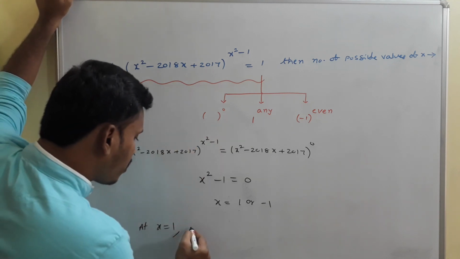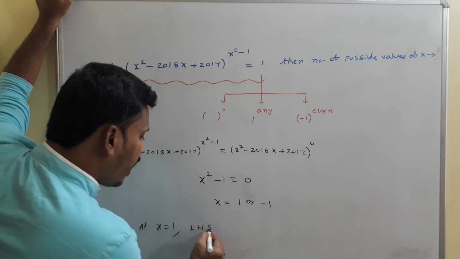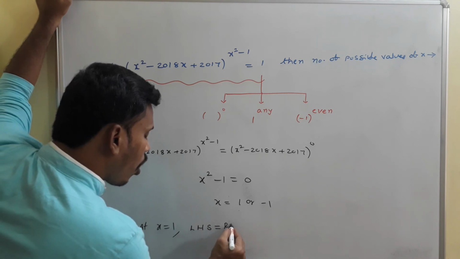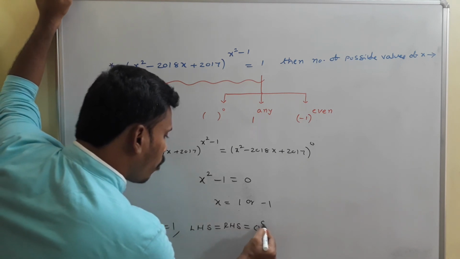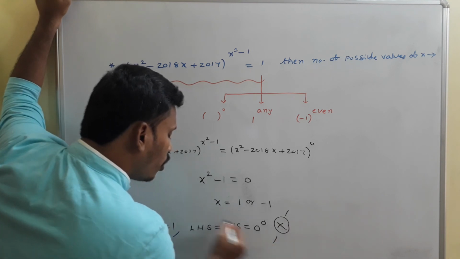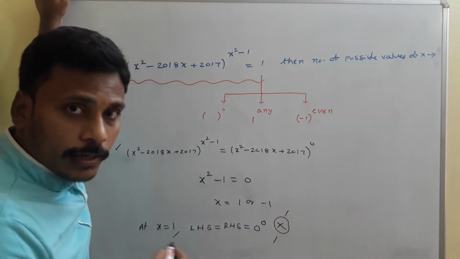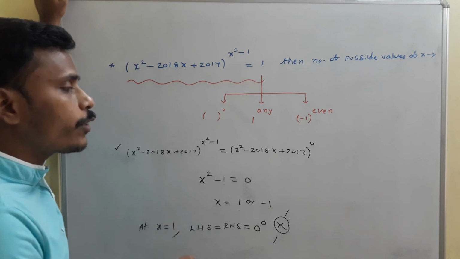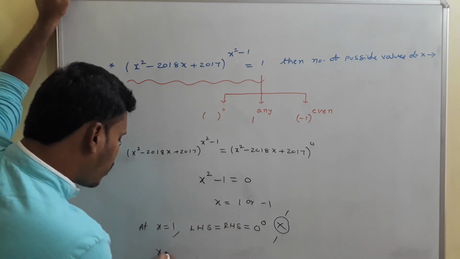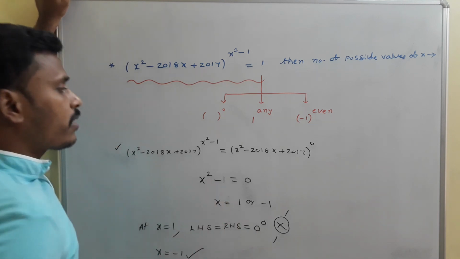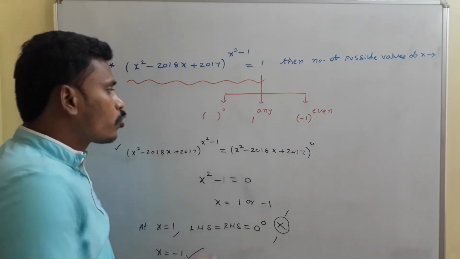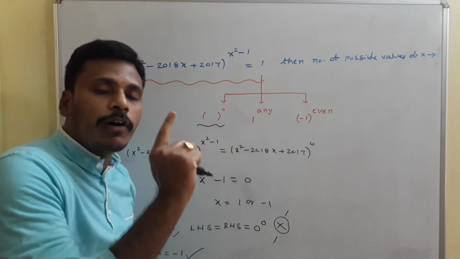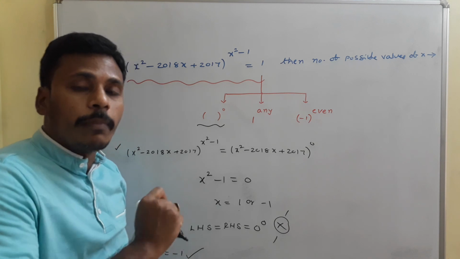Not defined. At x equals 1, we are getting LHS equals RHS equals 0 power 0. This is not possible, so you neglect x equals 1. But x equals minus 1 is acceptable. So from this first case we have only one value for x, and that value is minus 1.